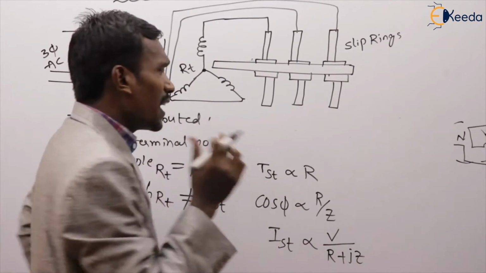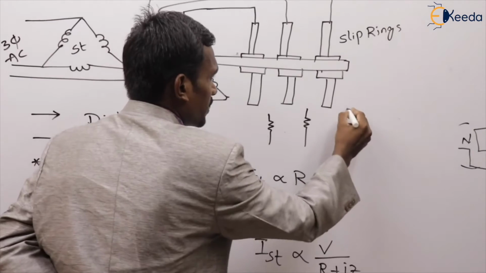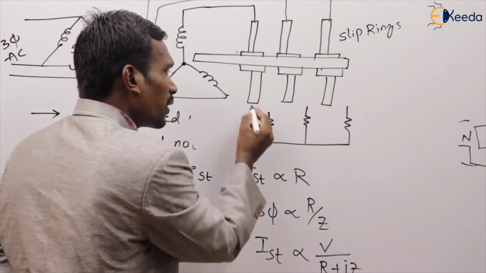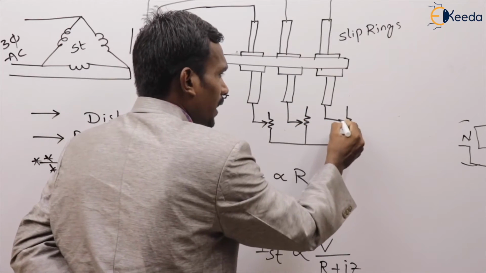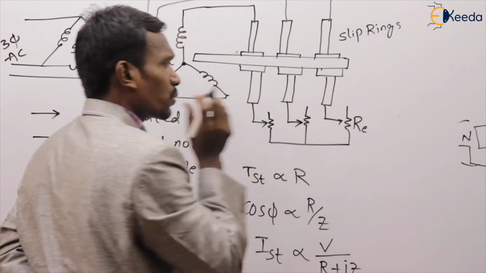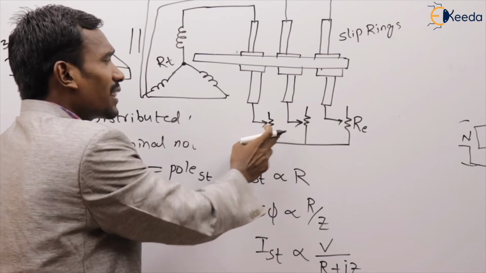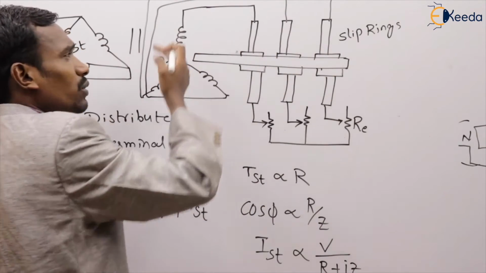If I'm taking some extra resistance RE here, now we can connect this extra resistance to the slip rings. If we connect it here, this is nothing but in series to the rotor.